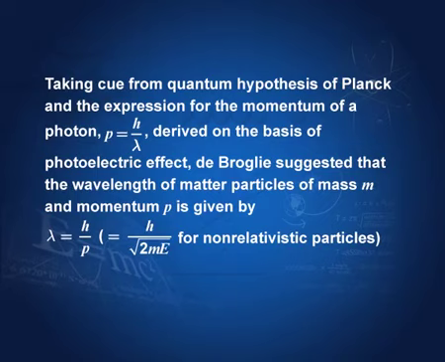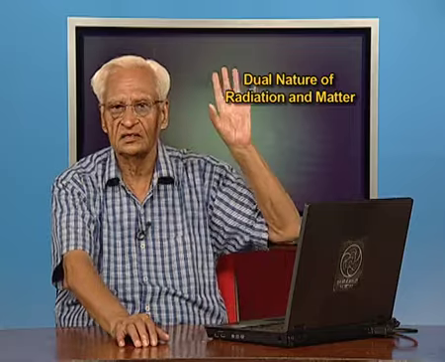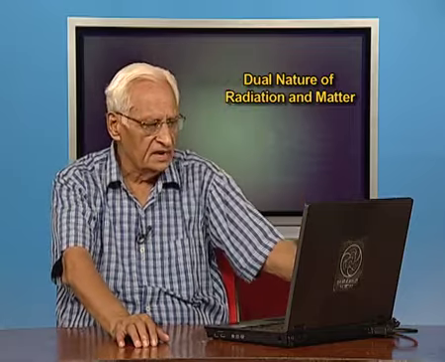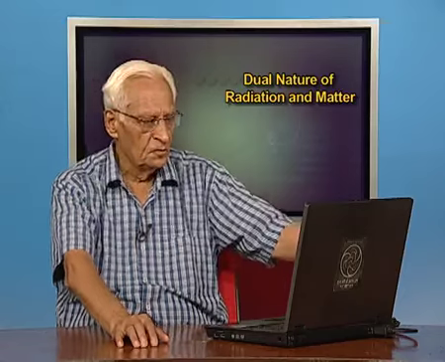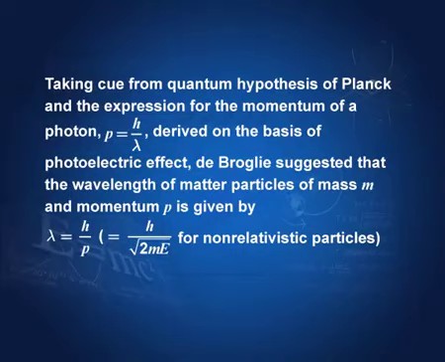Derived on the basis of the photoelectric effect, de Broglie suggested that the wavelength of matter particles of mass m and momentum p is given by this. He said all particles can behave like waves, and the wavelength that will be associated with those particles would be given by h by p, p is the momentum, or h by root of 2 m E, where E is the energy, and this is for non-relativistic particles.